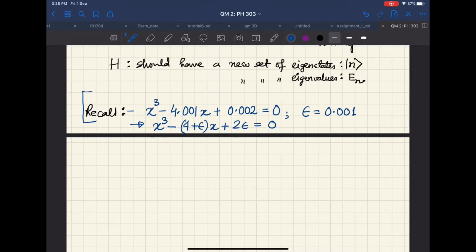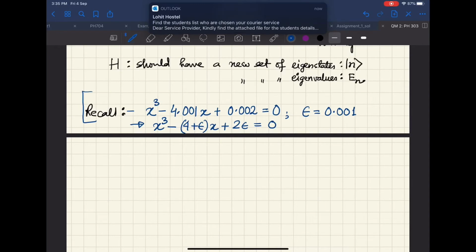Then we said, since this is not exactly the equation x cube minus 4x equal to 0, rather it has something else, which is 4 plus epsilon, where epsilon is small, and then there is an extra term plus 2 epsilon, the roots should be very close to 0 and plus minus 2, but not exactly.